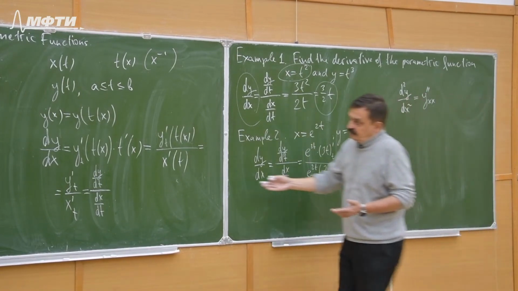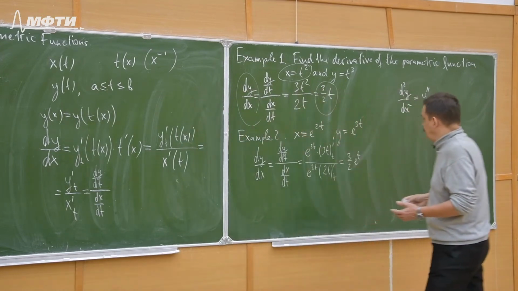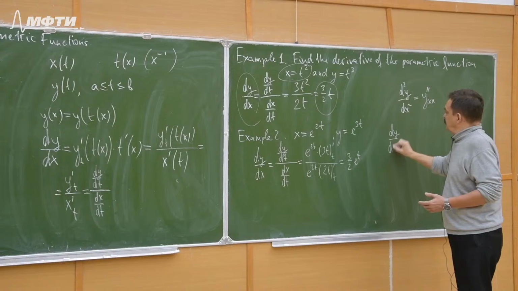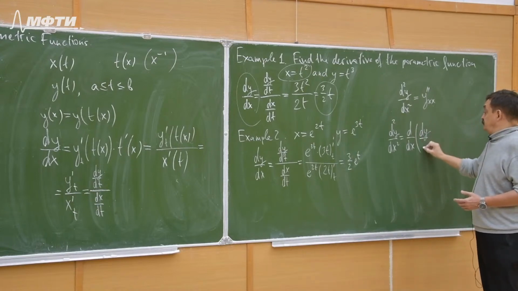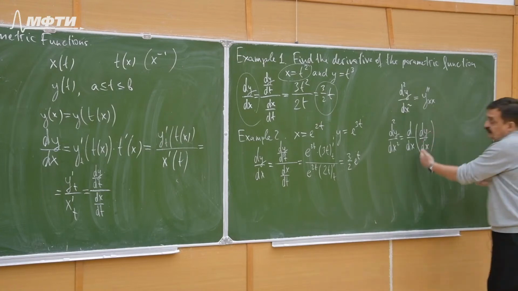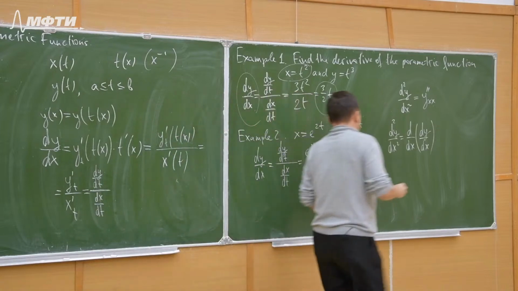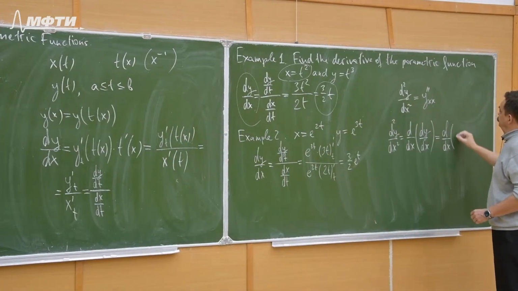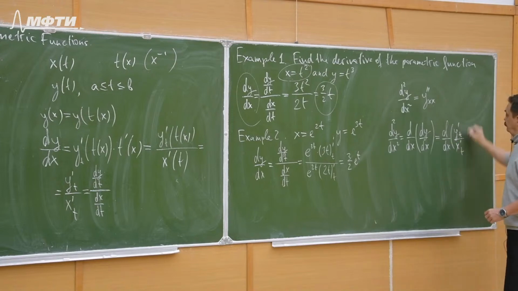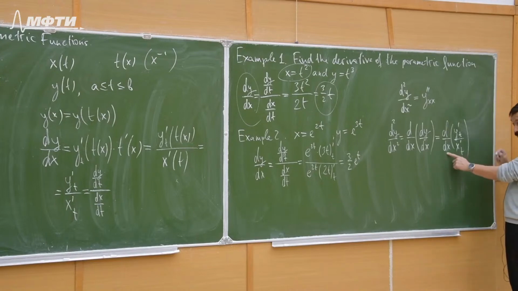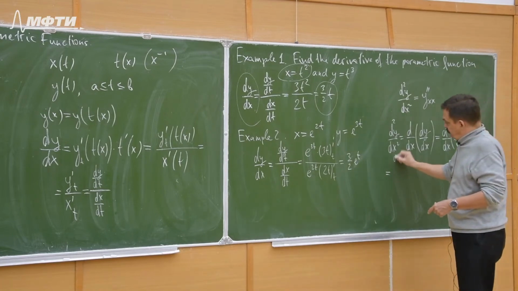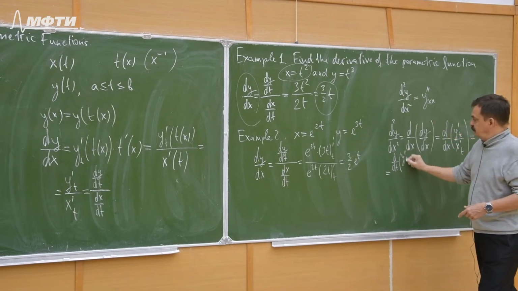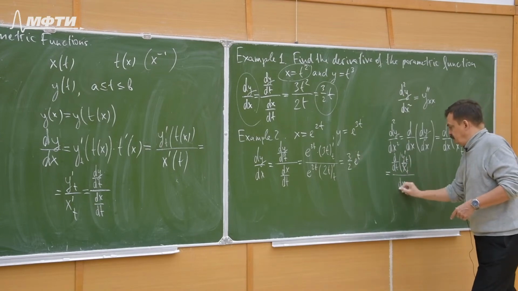We know what the derivative dy over dx is, so how do we proceed? dy over dx twice is the derivative of the first derivative. dy over dx we computed before, so we have to find the derivative of the following ratio with respect to x, and to find a parametric derivative, we need to find the derivative with respect to t and to divide by dx over dt.